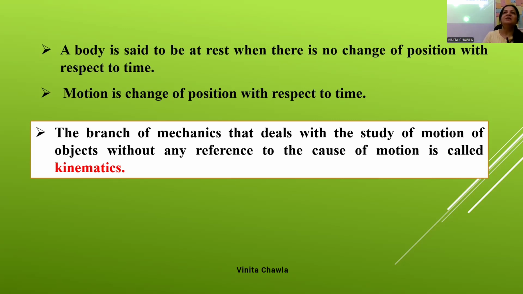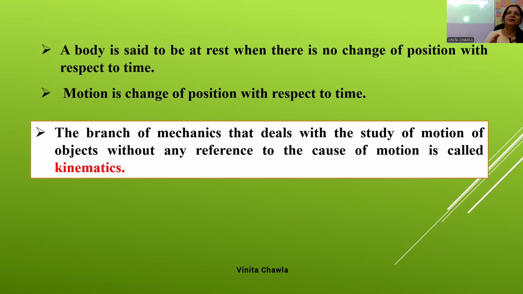See, as we have different branches of science, physics, chemistry, and biology, in the same way, we have different branches of physics: mechanics, thermodynamics, electromagnetism, optics. So in mechanics, we study the motion of objects. If we are considering motion of objects and we are not studying the cause producing the motion, then it is called kinematics.